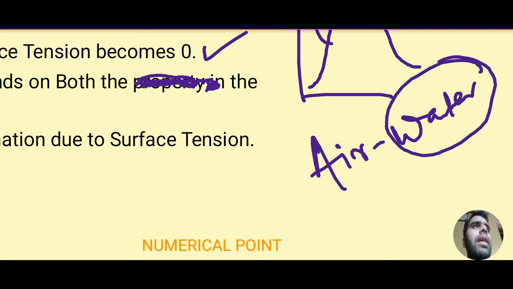It depends on both sides of the interface, whether it is air or any other gas. So the value of surface tension will change, and similarly if you change the liquid, the surface tension value also changes. So it depends on both sides of the interface.